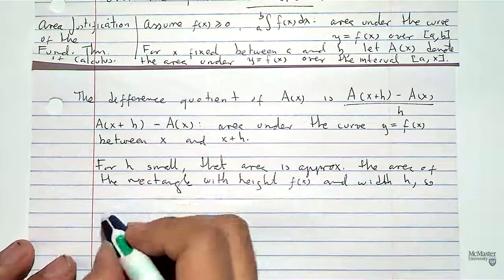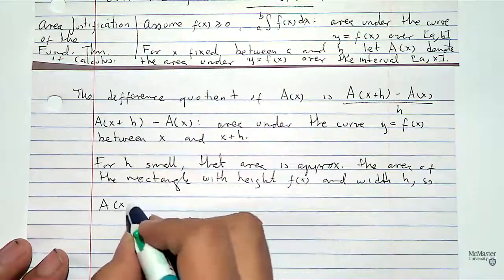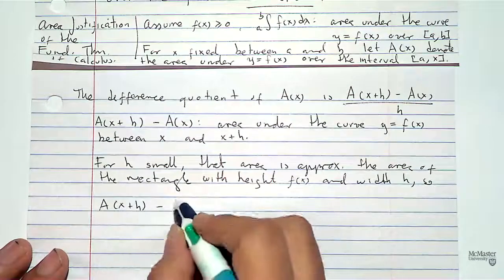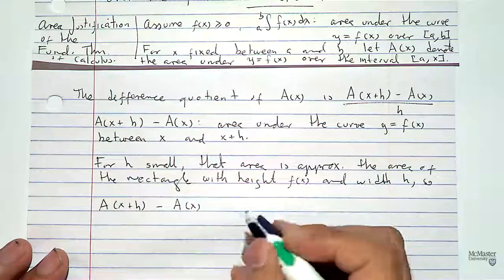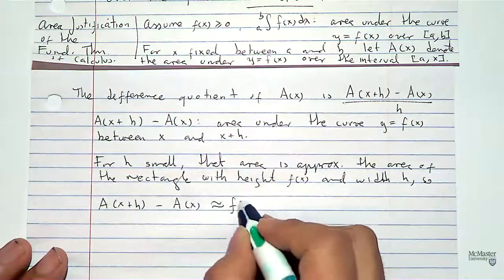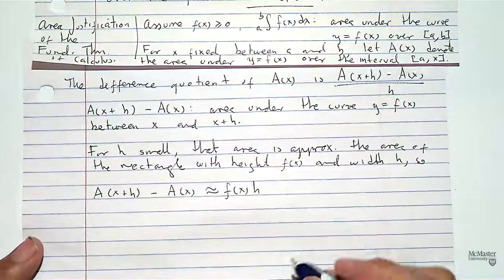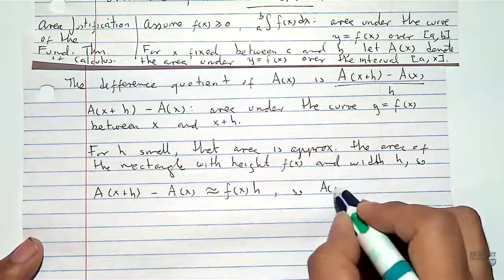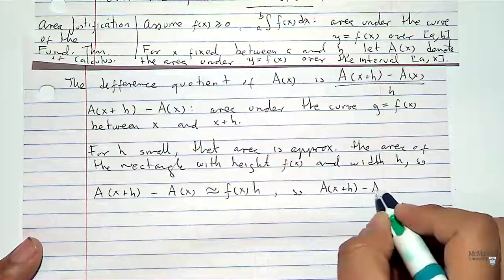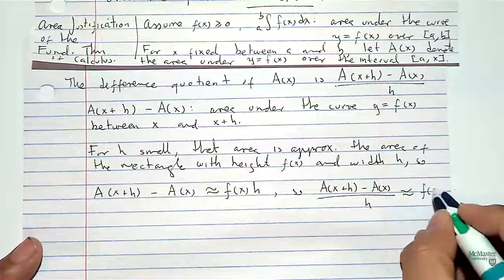So basically, I will do a drawing in a second, but if you compute the difference in the areas between these two, A of x plus h minus A of x, this is approximately f of x times h. So if you do some manipulation, this ratio, which in the limit is the derivative, is approximately f of x.